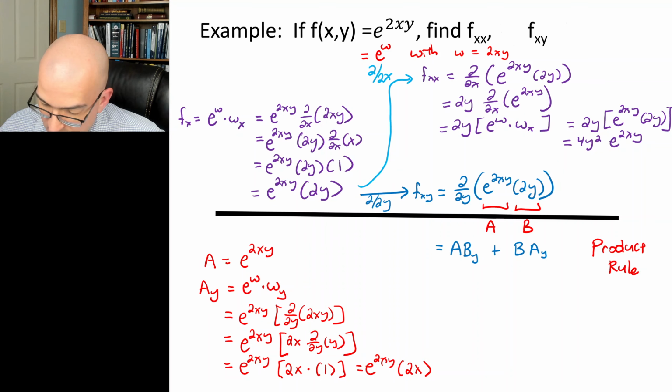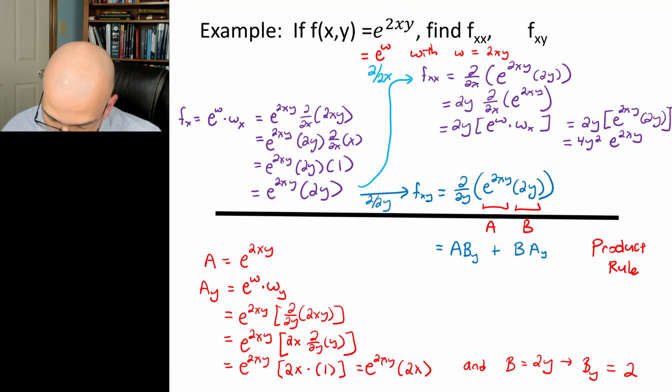And then b sub y is going to be a lot nicer. B is just equal to 2y. So b sub y will just be 2. And we'll plug those in.